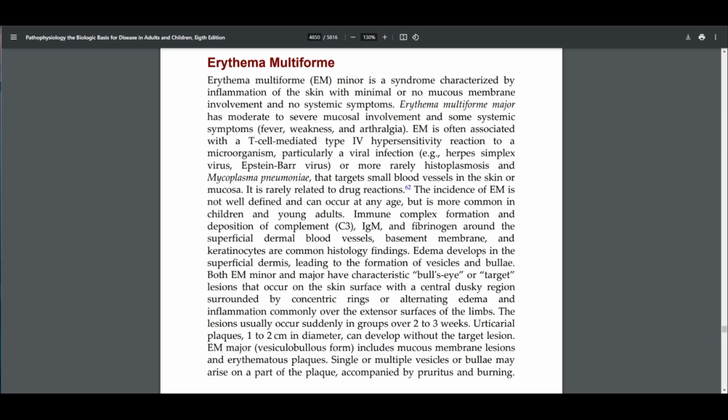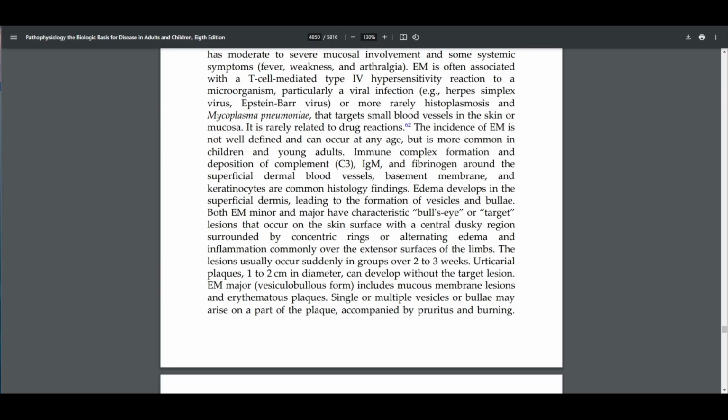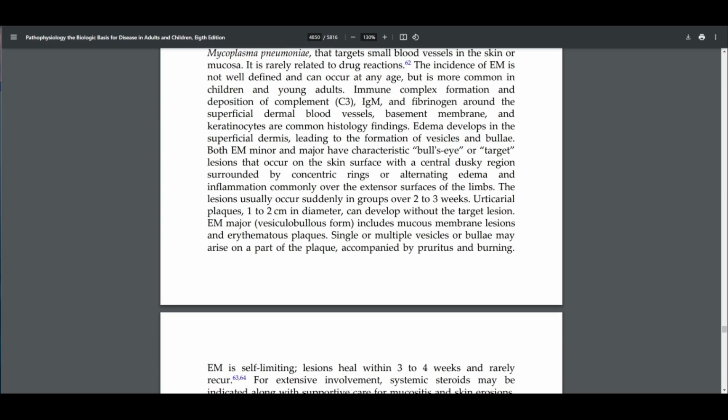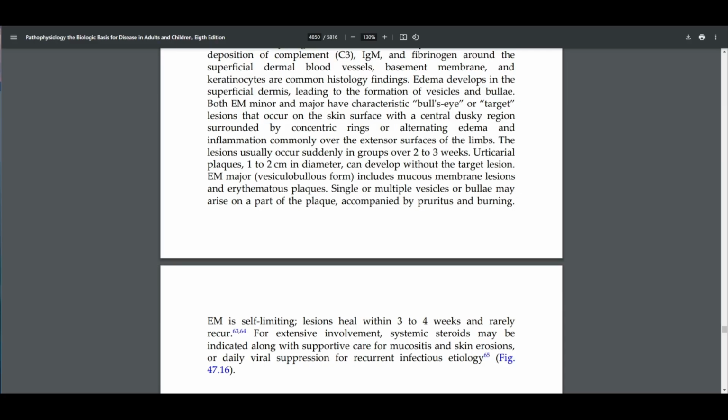The lesions usually occur suddenly in groups over 2 to 3 weeks. Urticarial plaques, 1 to 2 centimeters in diameter, can develop without the target lesion. EM major, or vesiculobullous form, includes mucous membrane lesions and erythematous plaques. Single or multiple vesicles, or bullae, may arise on a part of the plaque, accompanied by pruritus and burning.